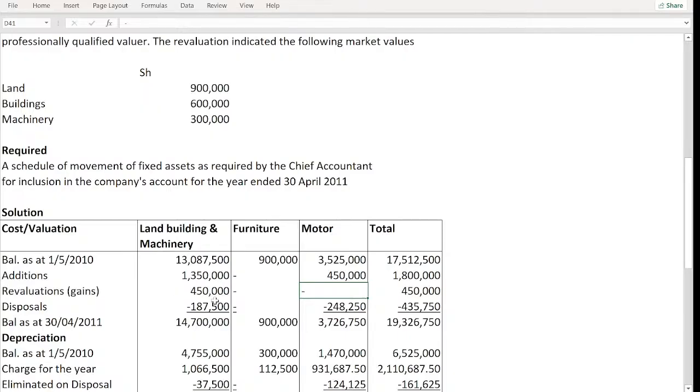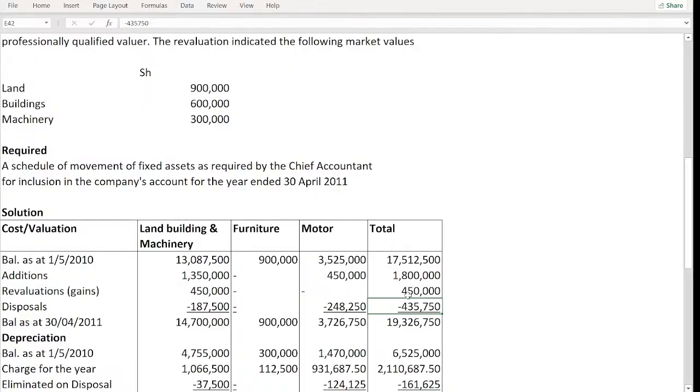Then we also have the disposals. A 3-year-old machine acquired for 187,500 was sold for 15,750. So we are going to dispose of that. And then also the motor vehicle that was purchased 3 years ago for 248,250. So we are also going to subtract that.